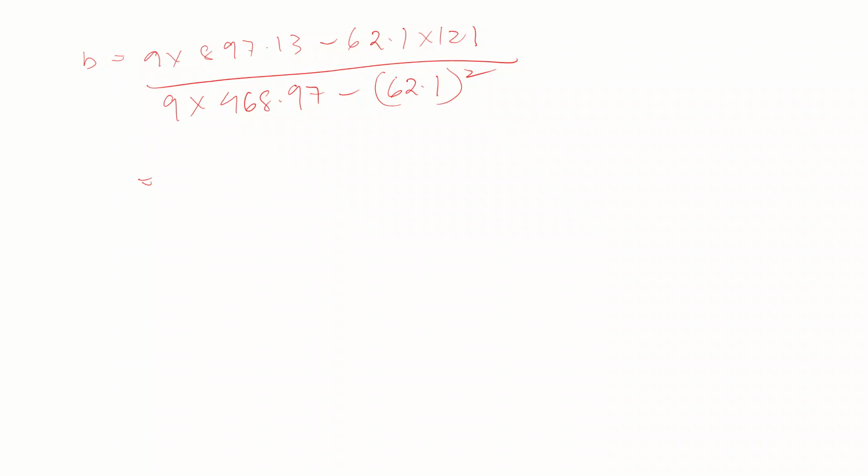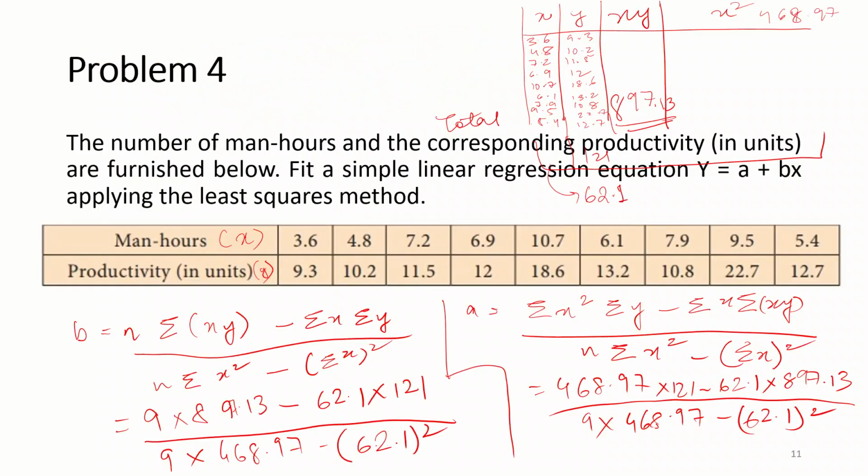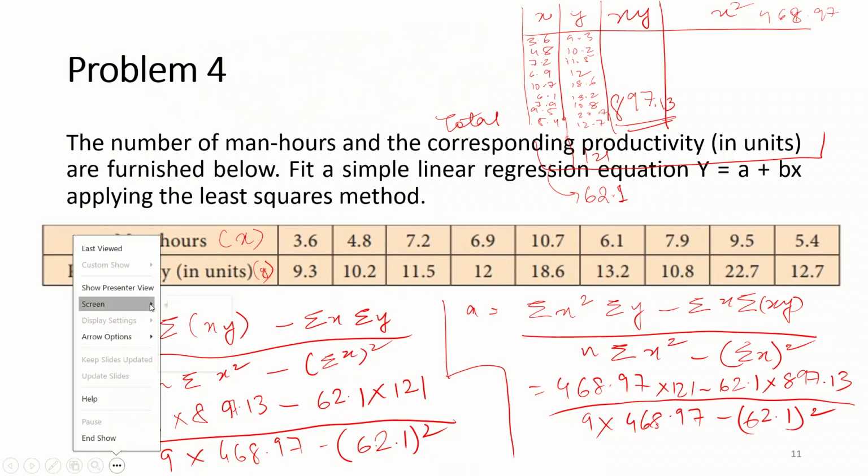Okay, let us calculate. It is coming 8074. This page goes on. Everyone got it?